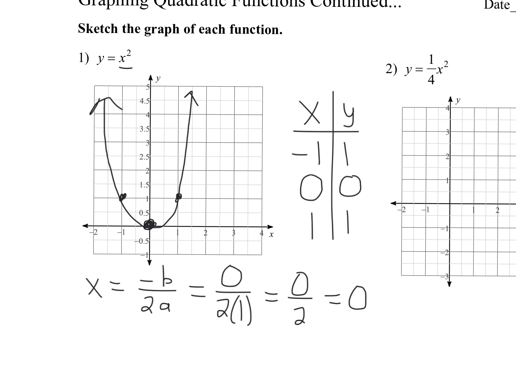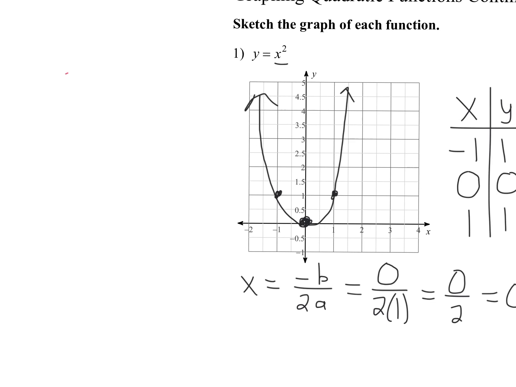Okay, let's talk about this new method. It's called the step pattern. Okay, this step pattern, write it off to the side somewhere. The pattern is going to follow odd numbers: 1, 3, 5, and 7. Okay. If I start at my vertex point, these steps are going from the vertex.